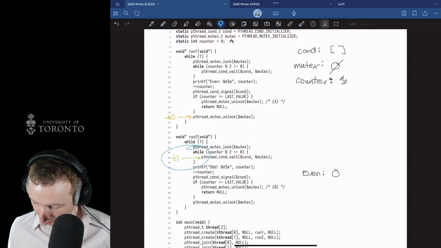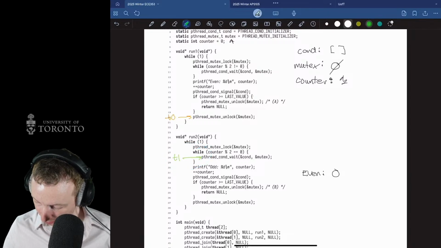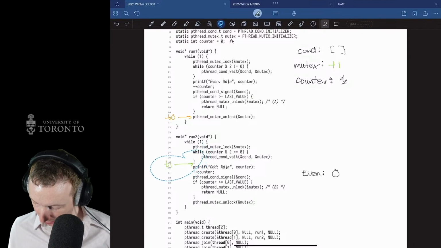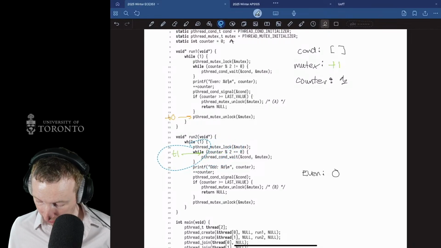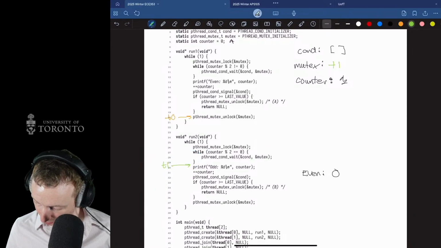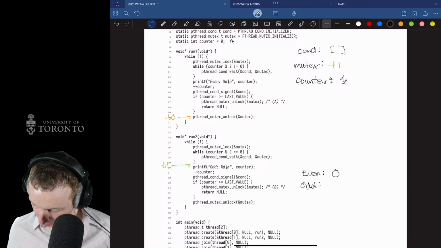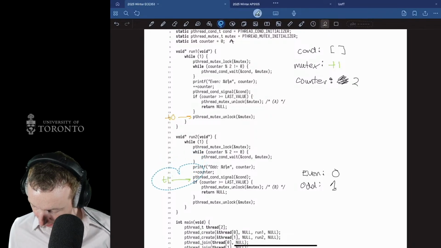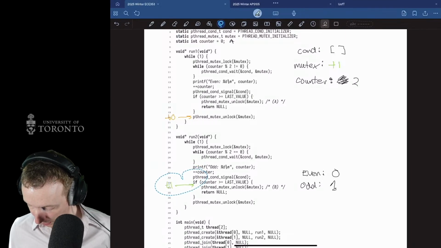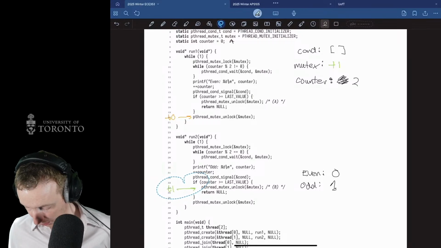Now if thread 1 gets the mutex, so it wakes up, it gets the mutex, then it would wake up, recheck, oh, the current counter mod 2 does not equal 0, so it would break out of this while loop, then it would print odd 1, increase that counter to be 2 on this line, signal, nothing's in the queue, check is counter equal to or greater than last value, oh, it's not, so we can continue going.